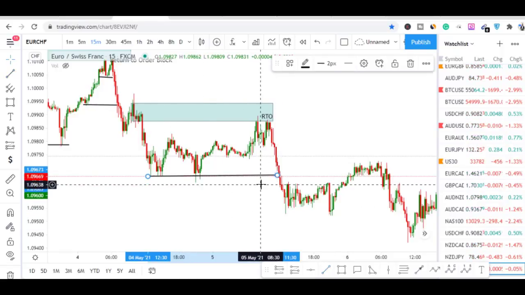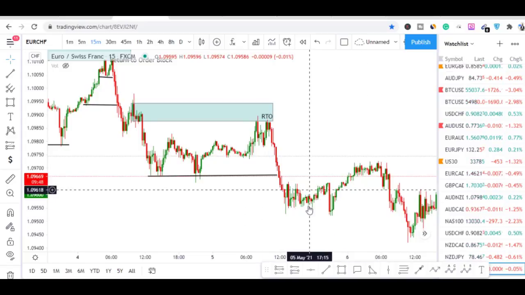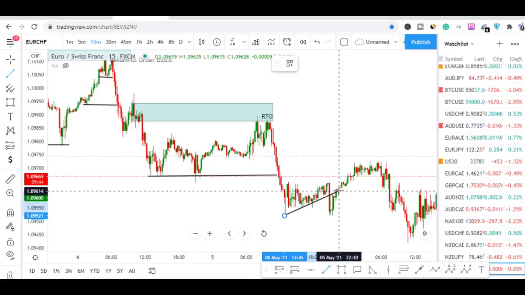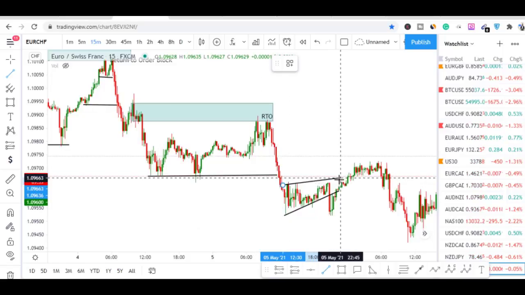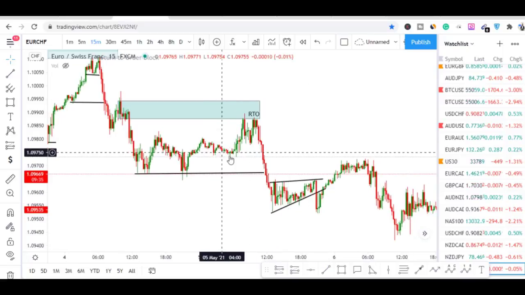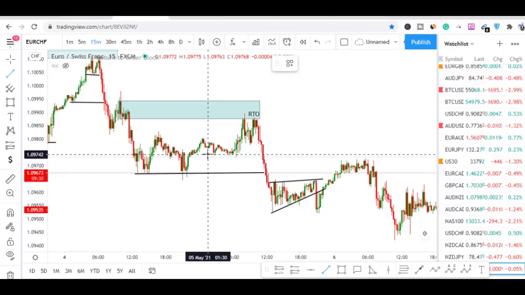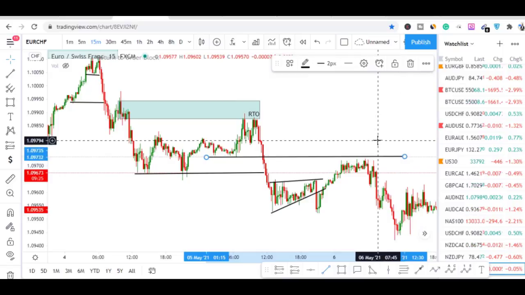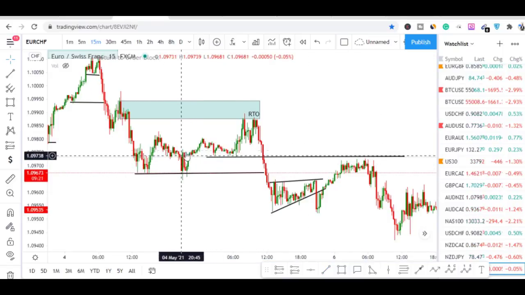Price came down and formed a kind of consolidation at this area right there, and what happened? Price broke through it, and look at this, price came and returned to the breaker, though it's not that clear. It was a few pips away and did not touch it, but it reversed off of this candle.